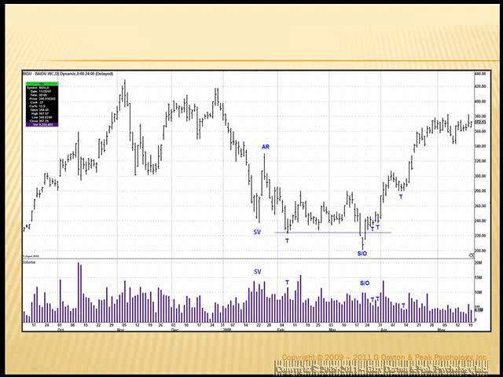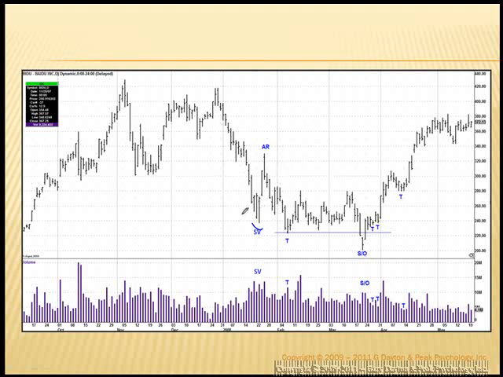But that doesn't mean that that's what we would see in terms of testing. Here we see another chart where we have some stopping volume coming in, and here's the thing about tests, and that is that sometimes it takes more than just one test to complete the buying that has to take place before a market is ready to rally up.